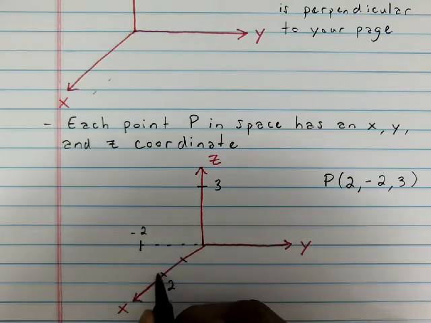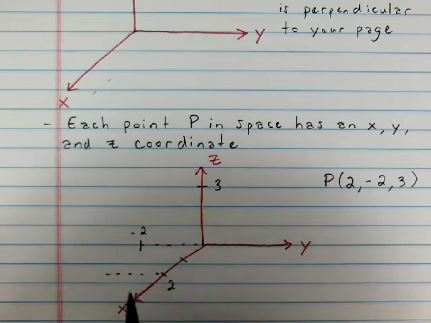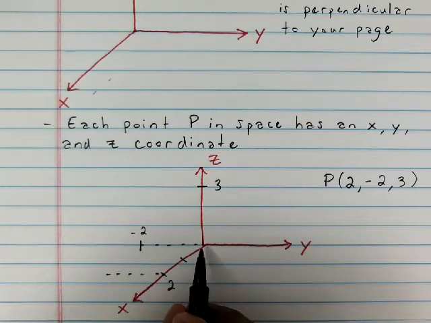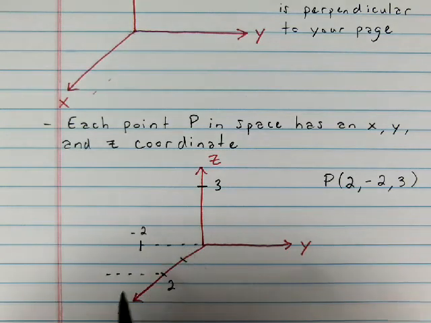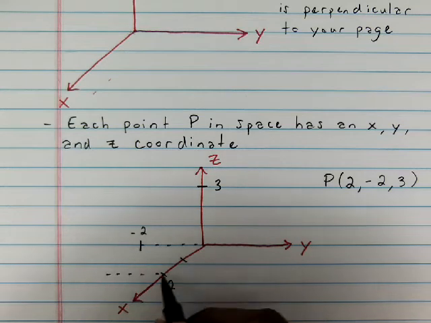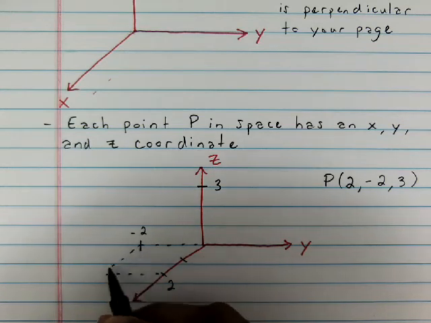So when I do that, this dotted line distance is supposed to be the same as that dotted line distance because that's a measure of 2 units. So I'll go right here, and then I'll just sketch up something that's parallel to the x-axis because it should be a little dotted line there. So that's 2 units in the x direction.